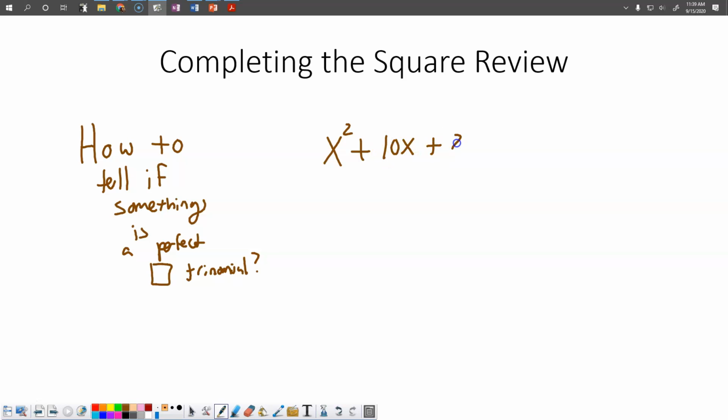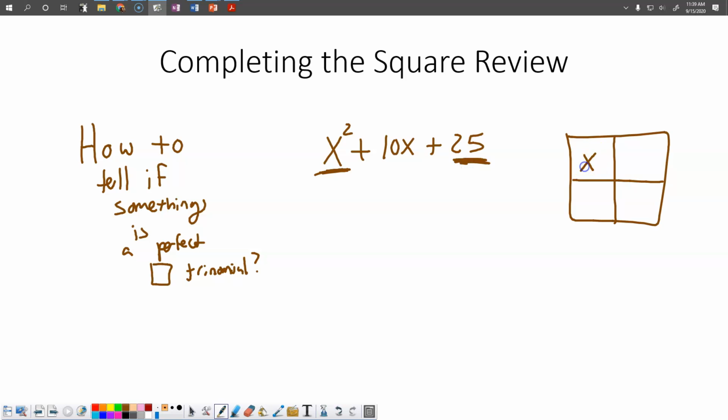and I asked you, is this a perfect square trinomial? Well, the long way to answer that is to factor it, okay? Now, if you don't remember how to factor, there's different ways of doing it, so use whatever method you're comfortable with, but just make sure you know how to do it. The first term goes here, the last term goes here.